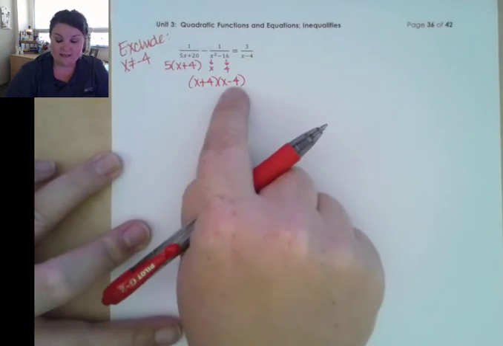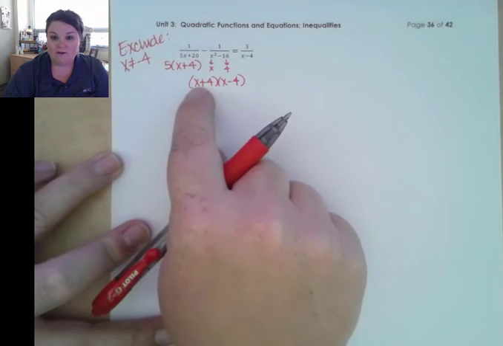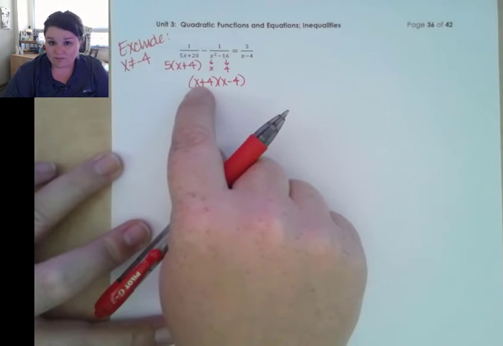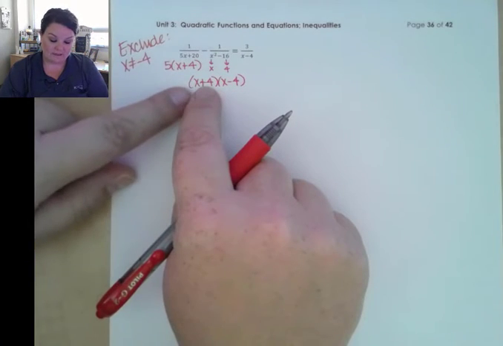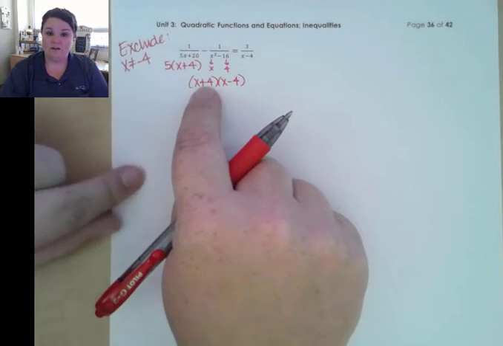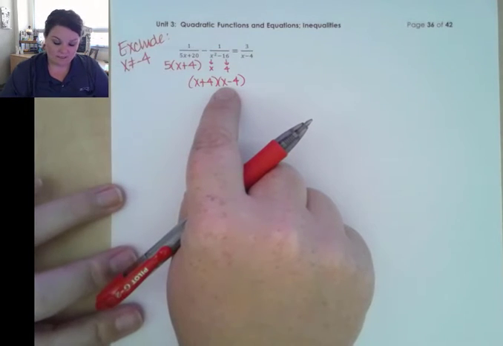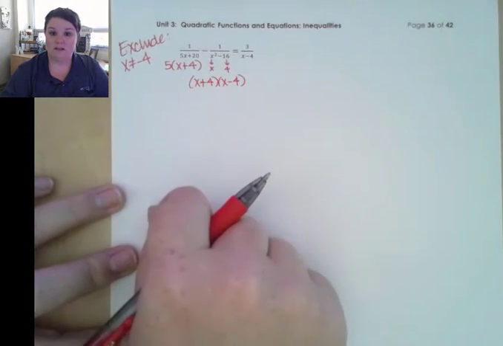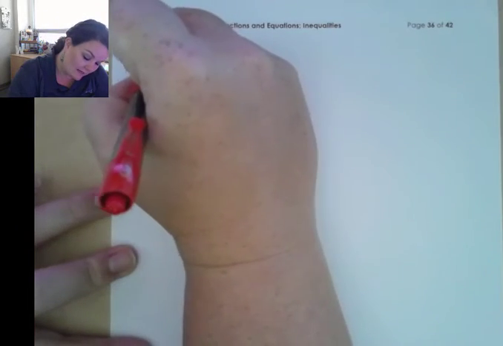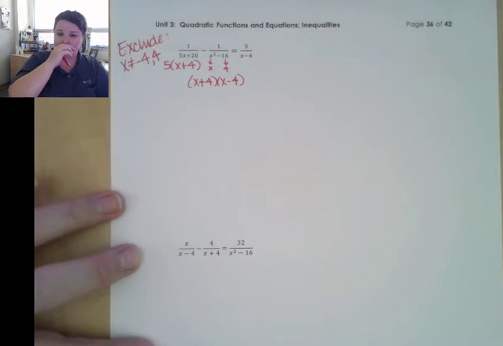And notice, again, this is going to create more excluded values, because here I know that if this x happened to be a -4, it would cause this to equal 0. So a -4 has to be excluded, which I already have written. And then this one, I can't have x being a +4, because that would cause this piece to be 0, which would cause the whole denominator to be 0. So now we have that it can't be -4 or +4.